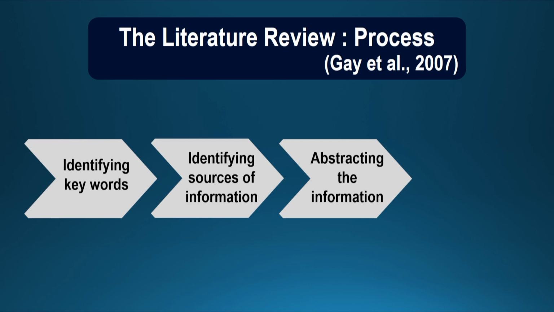Now once you identify which preliminary, primary, and secondary sources you are going to access, then the next step in the process of research is to abstract the information from those sources of information. Let us first see which is the order which you would use to access the information from various sources. Would you start from primary sources of information, go to the secondary sources of information, and then go to the preliminary?